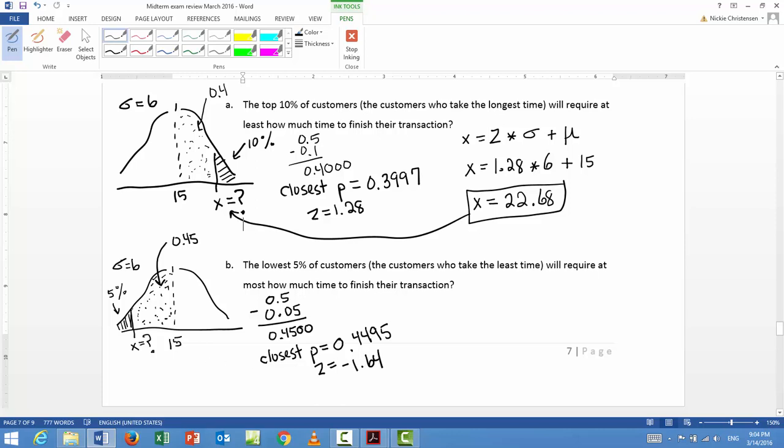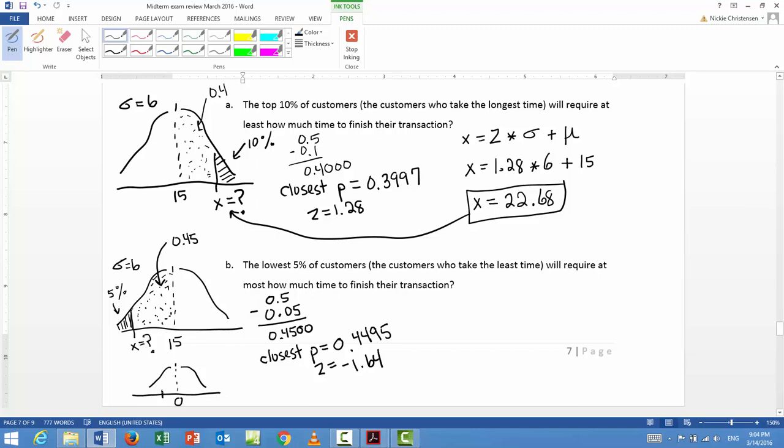Why? Because the x value we're looking for is to the left of the mean. Now you need to remember what we're actually doing. We're mapping the normal distribution onto the standard normal. So the standard normal, the mean is always 0. So what we are doing, we're trying to find this x value is equivalent to what z value?